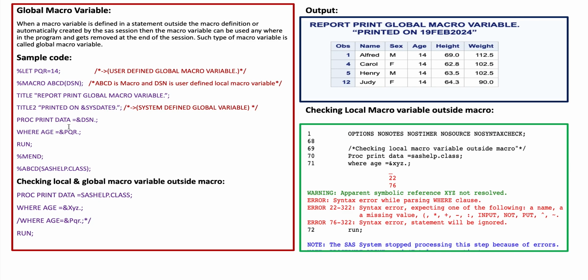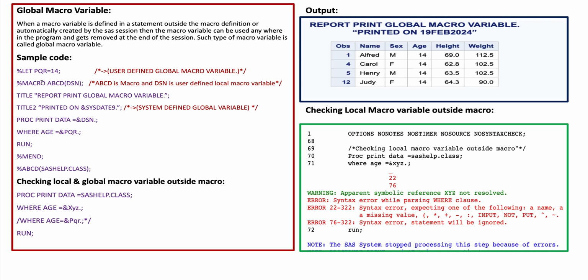Proc print data equals &dsn, we are calling dsn here, where age equals &pqr, we are calling global macro variable pqr. Run, closing macro, and calling macro by providing the sashelp.class dataset.